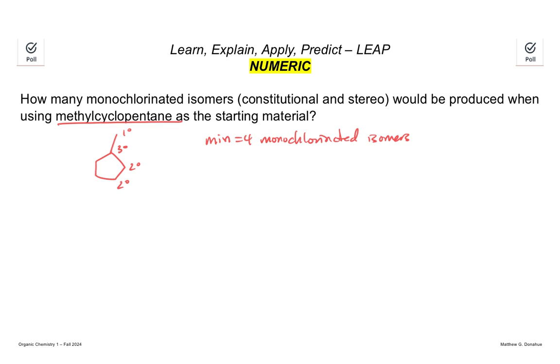So let's see what we can see. If we substituted off the primary, we would get that. And then does that generate a stereocenter anywhere in the molecule?